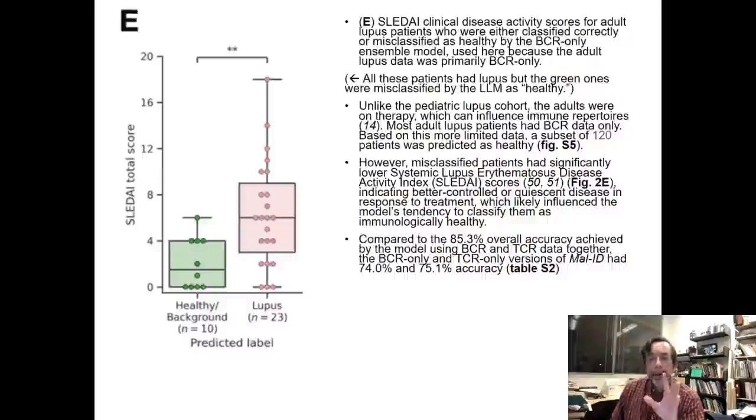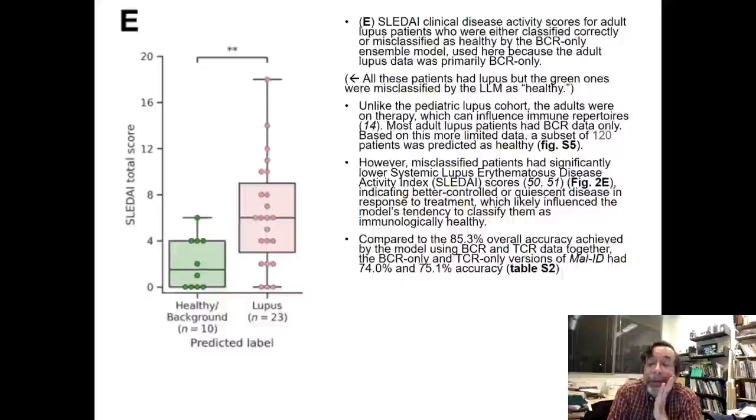So if you look up and down at this, they think they have an explanation for why lupus is so hard for them to catch. The misclassified patients have lower systemic lupus erythematosus scores, possibly because their treatment actually changed their B cell repertoire so that it became more normal.